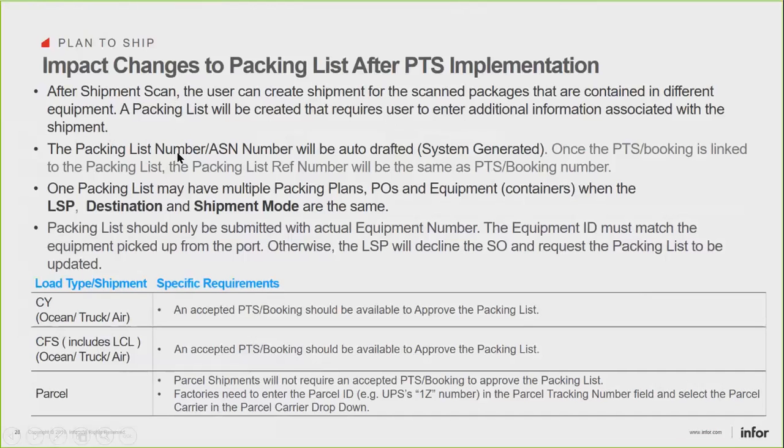The packing list reference number is auto-drafted, generated by the system. And once the Plan to Ship is linked to the packing list, the packing list reference number will be updated to the Plan to Ship reference number.